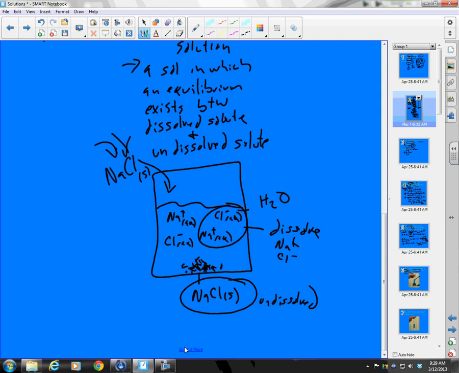And what happens is some of my solid will go into solution, meaning it'll go up to form sodium ions and chloride anions, and they'll be surrounded by water. And others of my sodium chloride that are in solution will then get knocked out of solution and reform into the solid. And when those rates are equal, we call that an equilibrium.